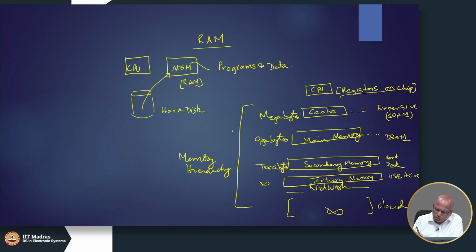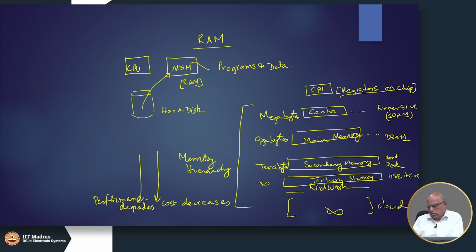So, as we go down the hierarchy, the cost decreases, performance degrades. See, it is very fast when you find the information on your computer, let us say in the cache.